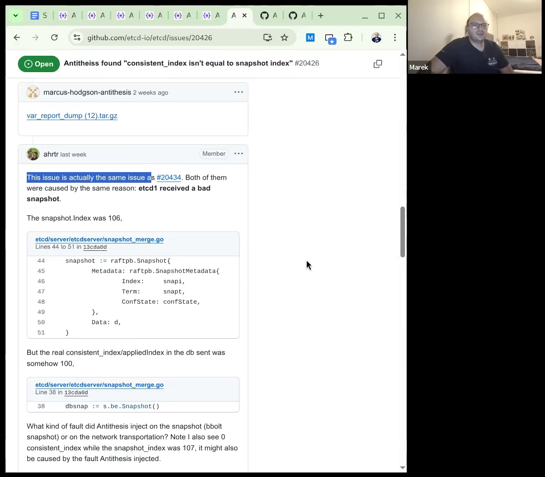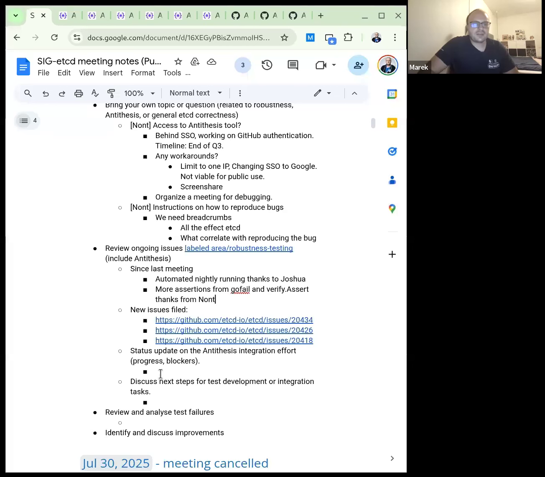Yeah, I created issues based on test failures, but it doesn't mean there is a separate bug and separate root cause. When we find the root cause, maybe we'll find that the same root cause leads to both issues, or both assertions failing. And I think that's the high level of what happened.